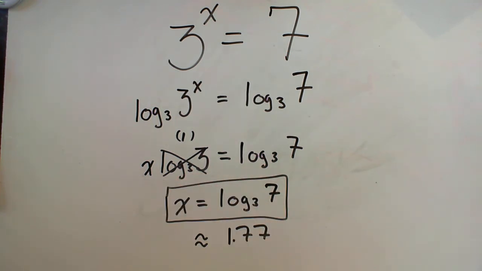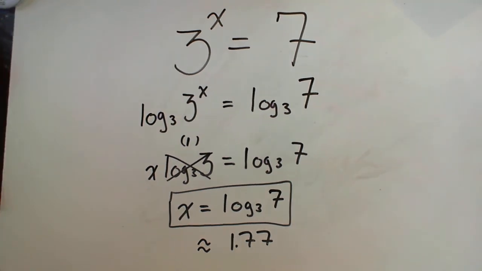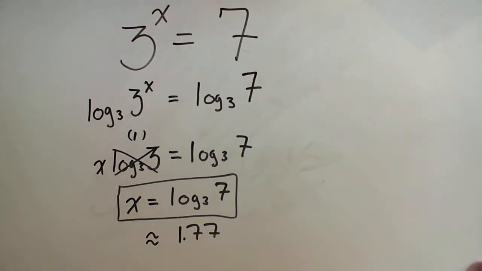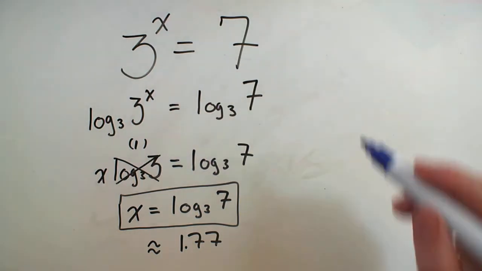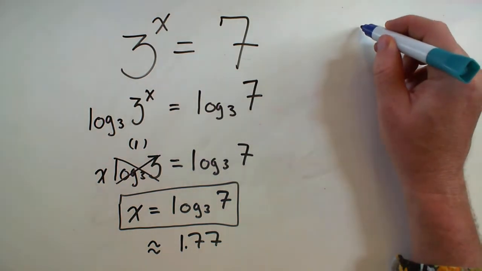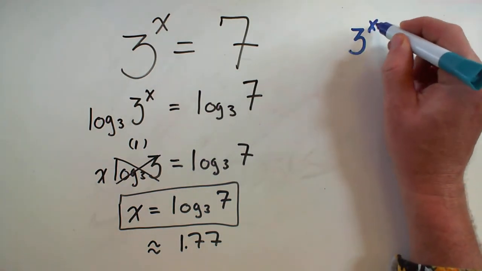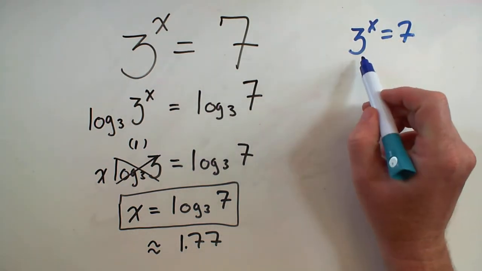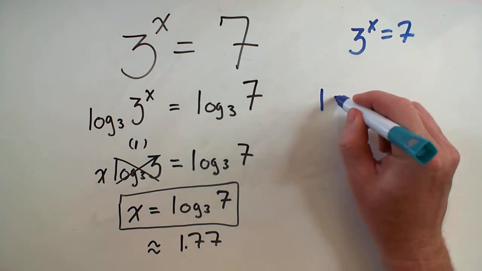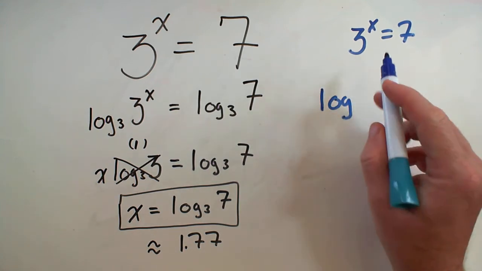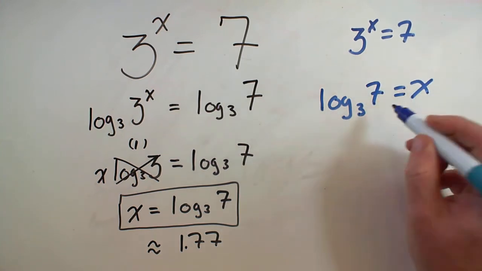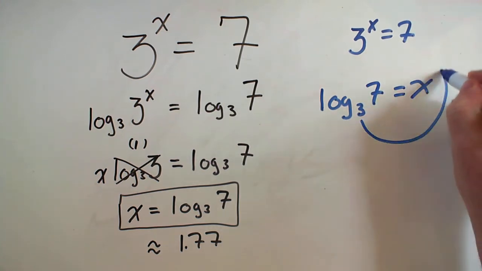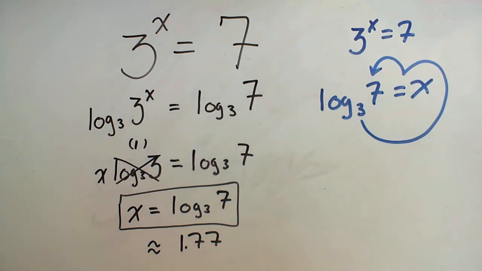Now at the beginning of the problem I mentioned that you don't actually have to do that. There is an alternate way of doing this problem, and that's simply changing this into logarithmic form. If I've got that 3 to the x equals 7, then log, there's my base, 3, of 7 equals x, because 3 to the x power equals 7.